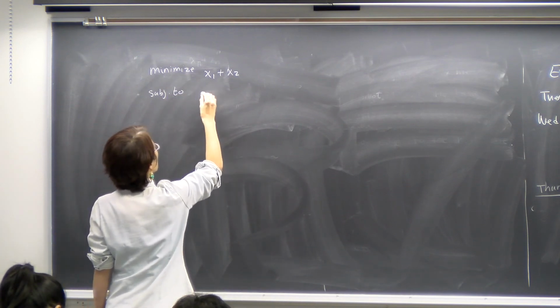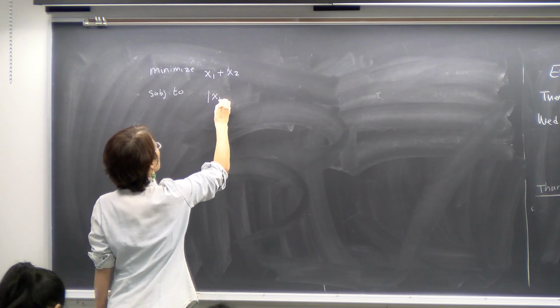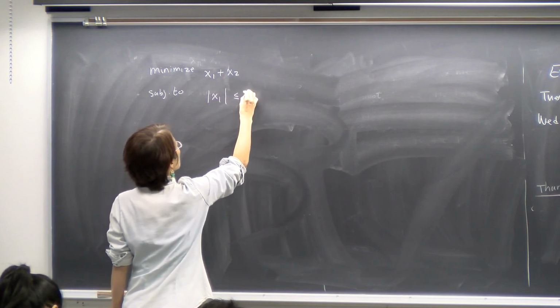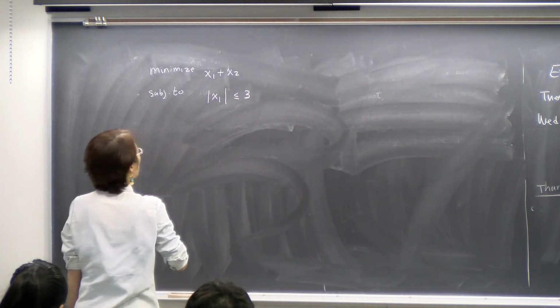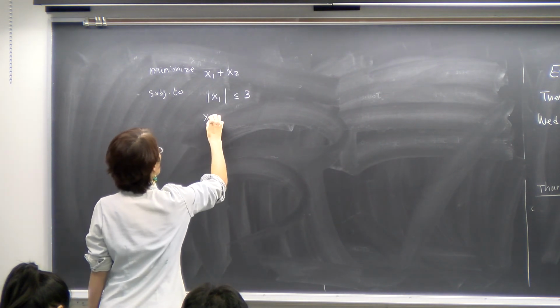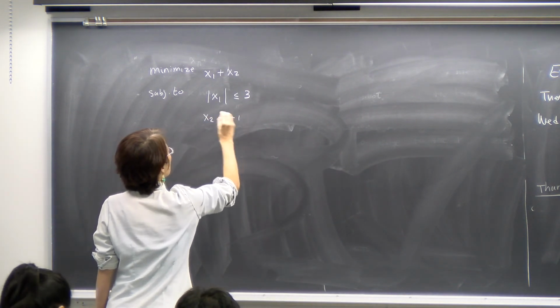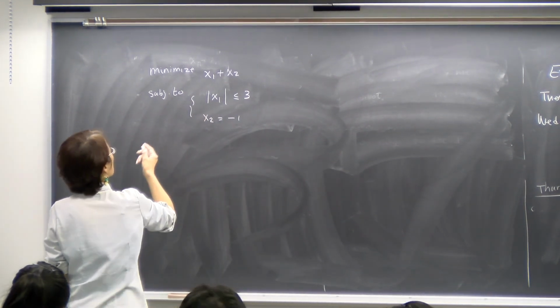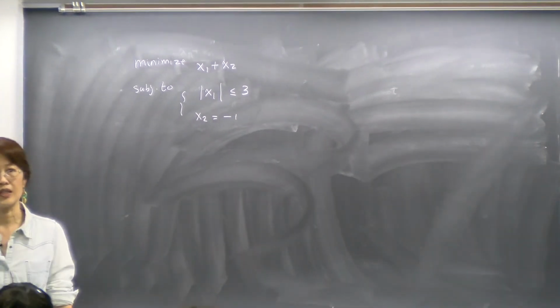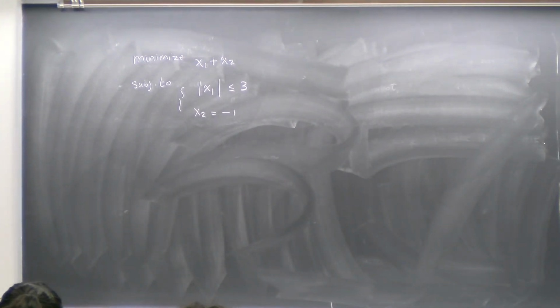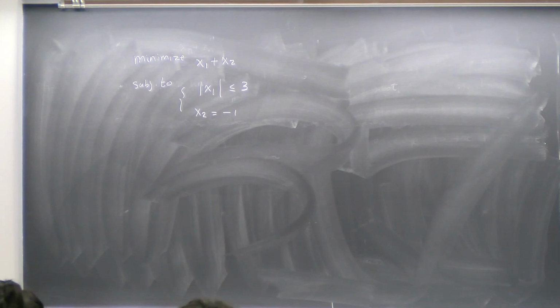So let's do a simple condition: the absolute value of x1 is less than 3, and x2 is -1. That's a very strange condition, and they're unrestricted. How do you rewrite this in standard form, in the linear programming setting?